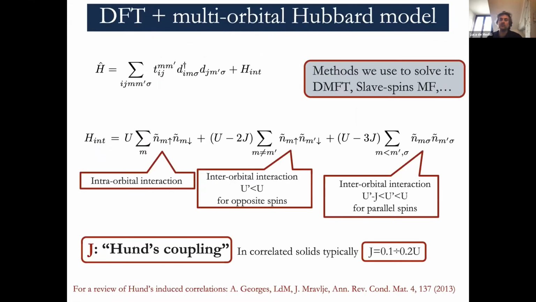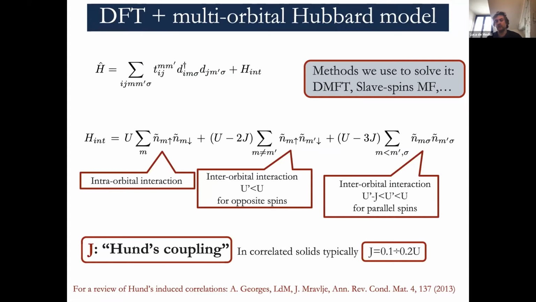So how do we introduce this? Well, we use a multi-orbital Hubbard model in which you have a one-body part coming from density functional theory, and an interaction that includes intra-orbital and inter-orbital interactions for both opposite and parallel spins. The difference between the inter-orbital interactions compared to the intra-orbital interaction is embodied by this parameter, the Hund's coupling.